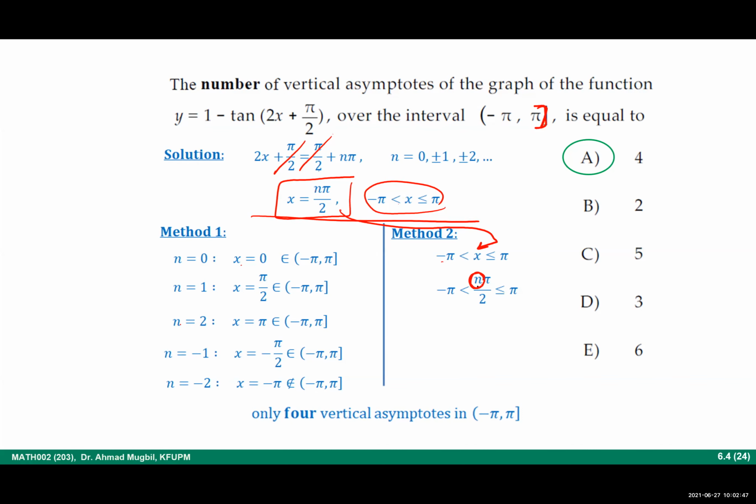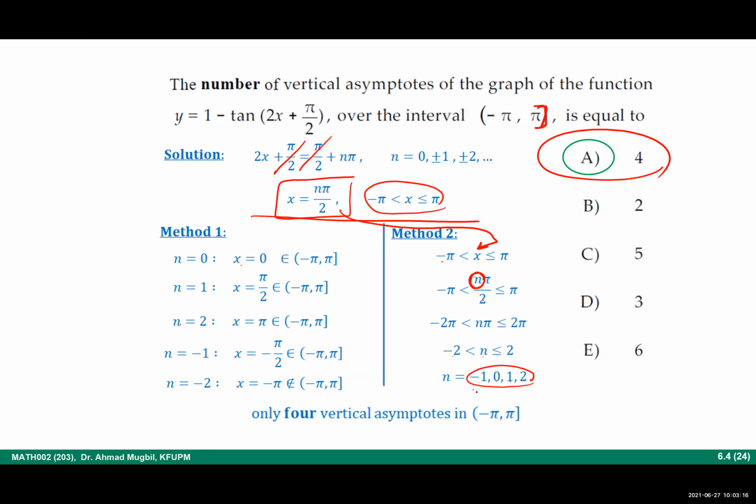So I will solve this for n. Multiply both sides by 2, and divide by pi. Now n is greater than negative 2 and less than or equal to 2. What are the integers greater than negative 2 and less than or equal to 2? Of course, they are negative 1, 0, 1, 2. How many? 4. So there are 4.